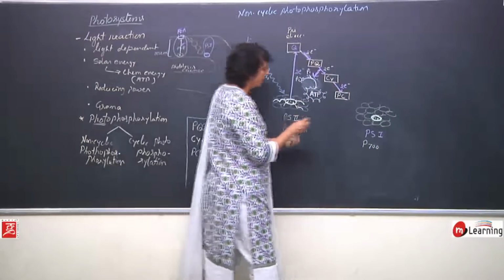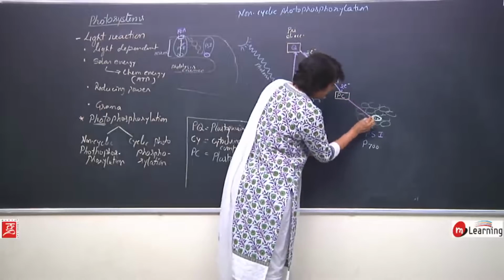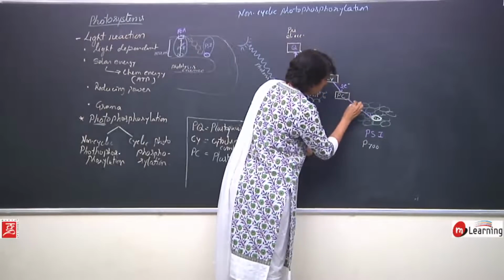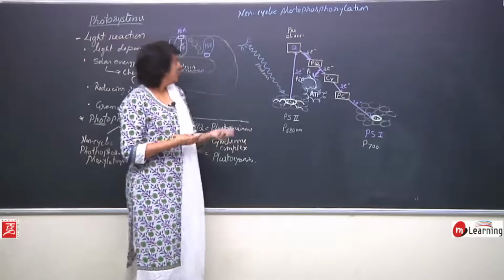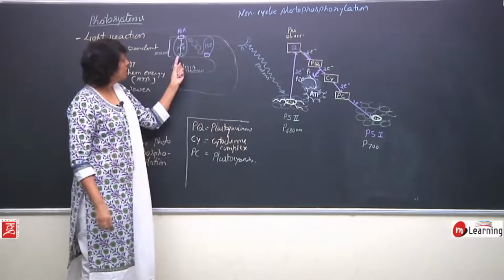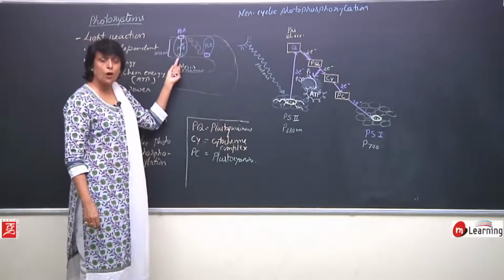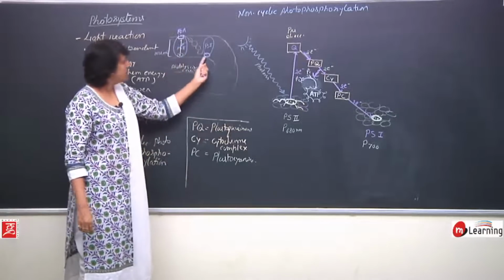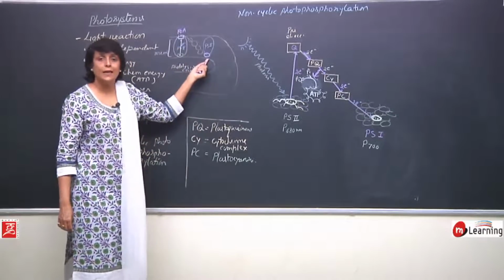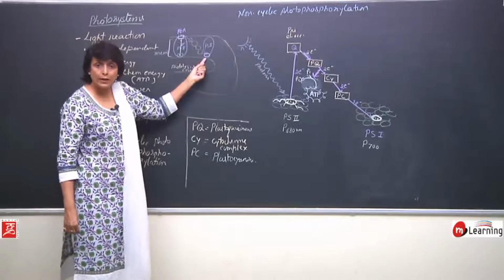Now this pair of electrons is taken by this chlorophyll. So now the electron which was released from the chlorophyll of PS2 has reached the chlorophyll of PS1.